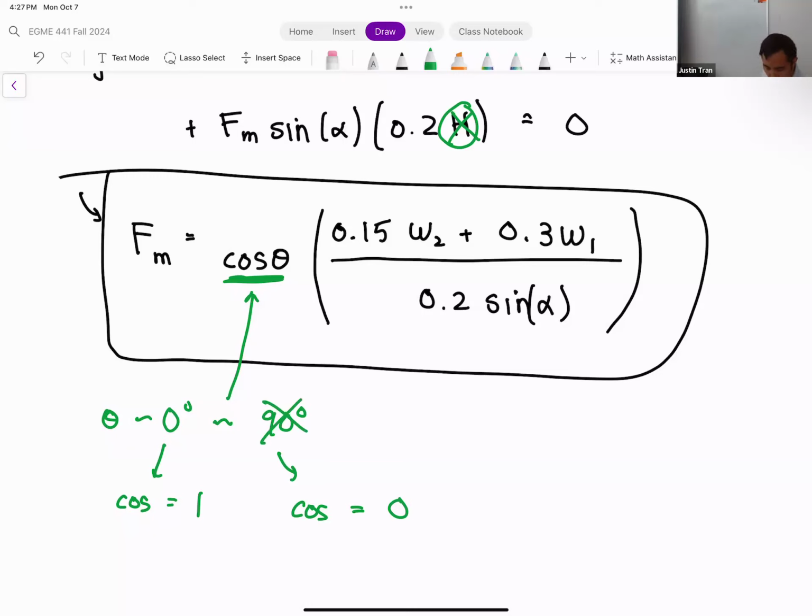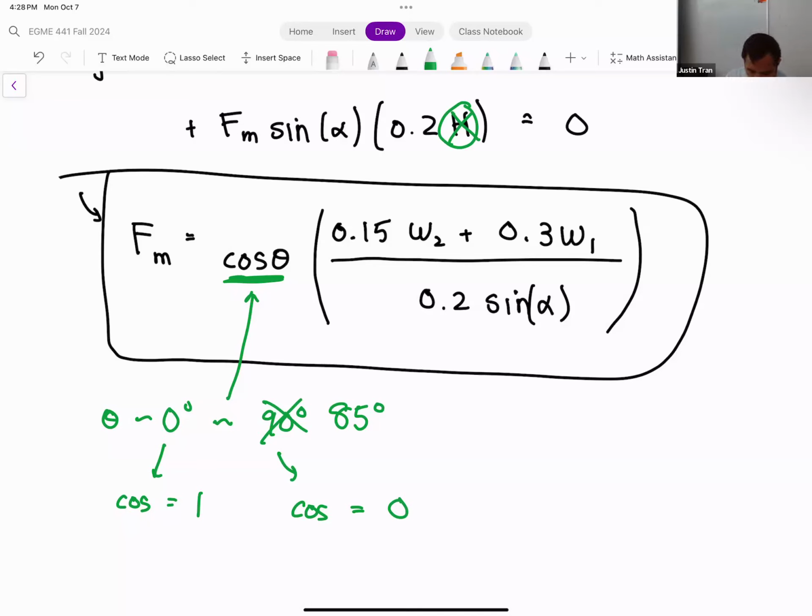Realistically, our range here might be from 0 to maybe 85 degrees. So your muscle force is probably still going to do something, it's just that depending on the posture, it may be doing more work than others. Any questions on this result here?